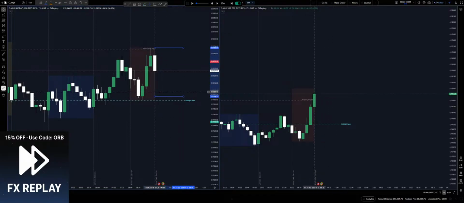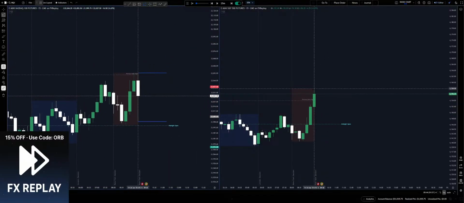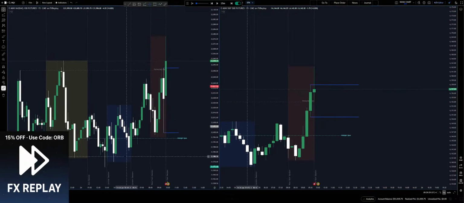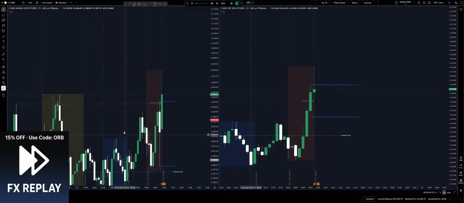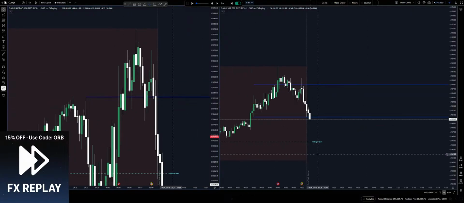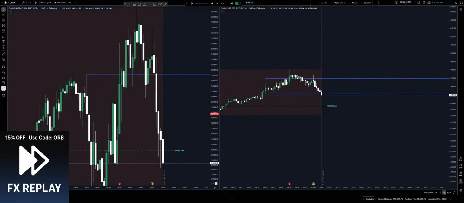High and low, high and low. London low has not been swept. High was swept pre-market, so we're looking for shorts above the ORB, but the price is not correlated.